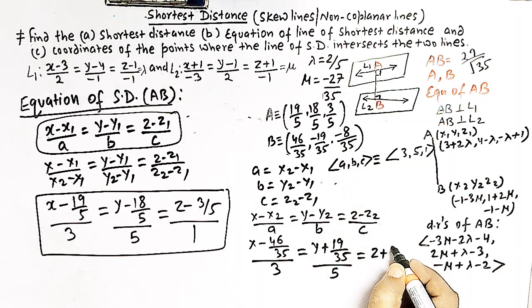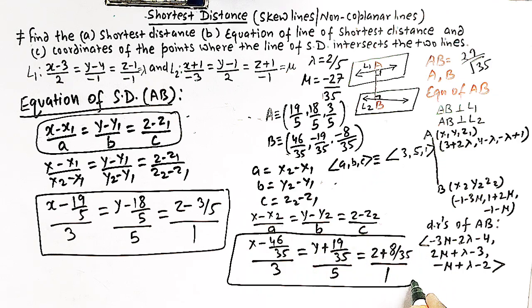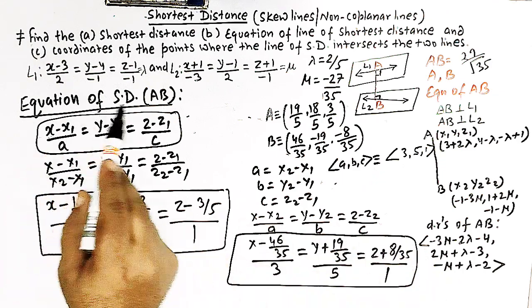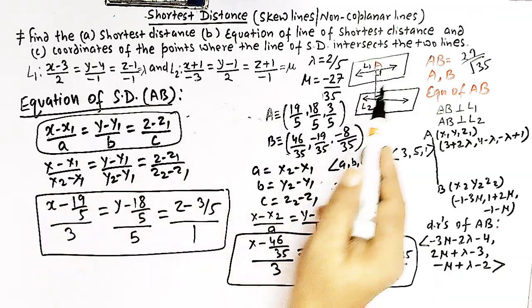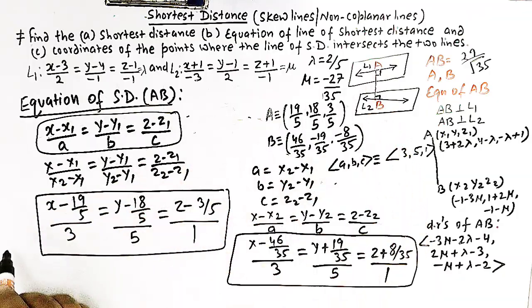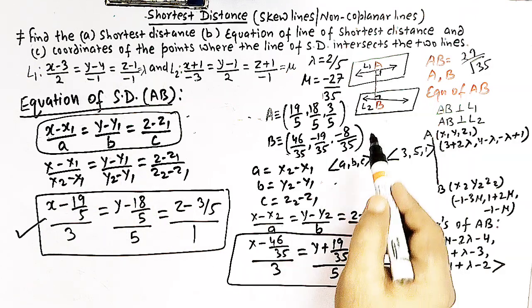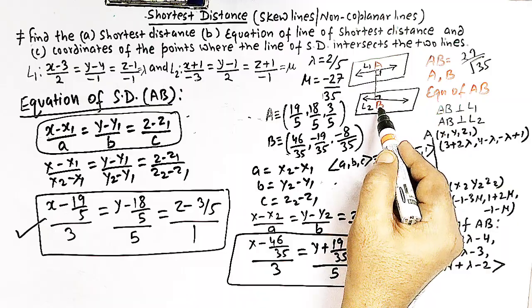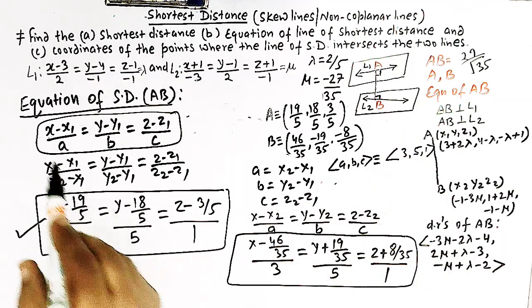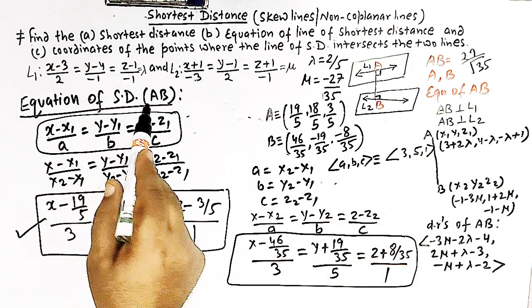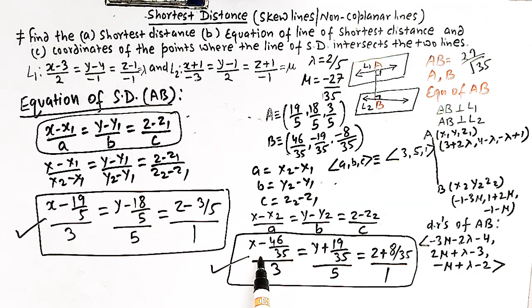So here we have plus 8 over 35, and here we have 1. So this is another form of the equation of line of shortest distance. So using this point A, we can write the equation of shortest distance in this symmetric form, and if we use this coordinate, that is the point B, then we can express the equation of shortest distance like this, that is this equation.